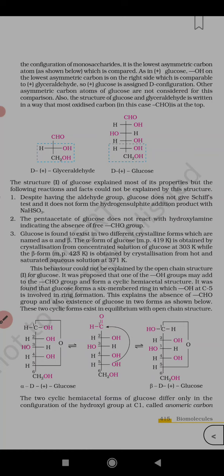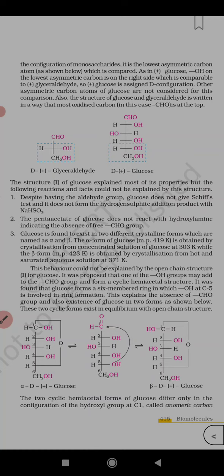This behavior could not be explained by the open chain structure of glucose. Why is it not giving Schiff's test?